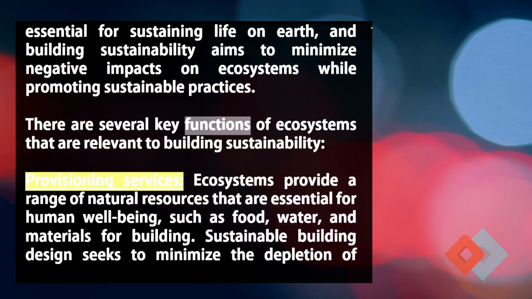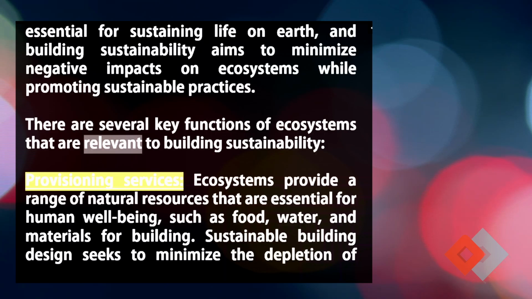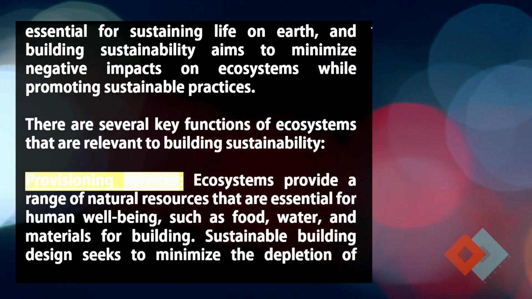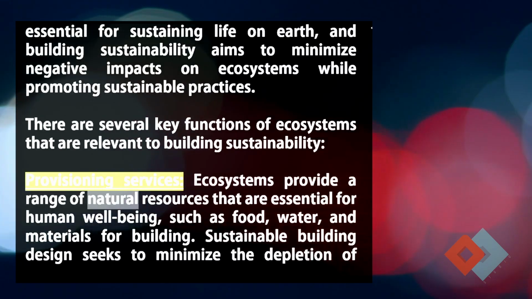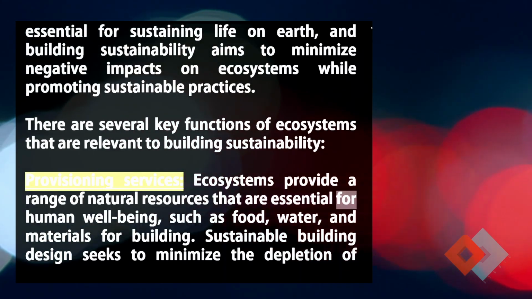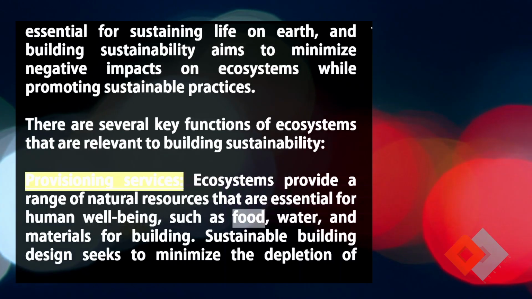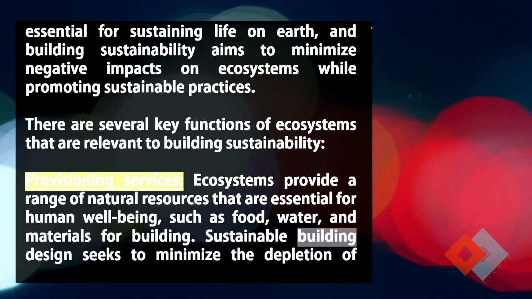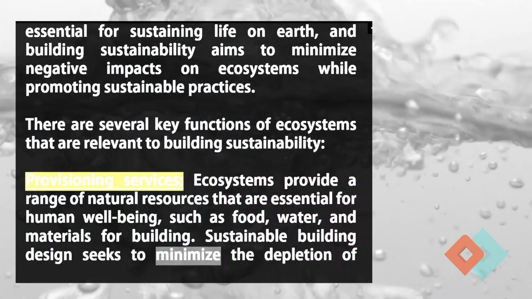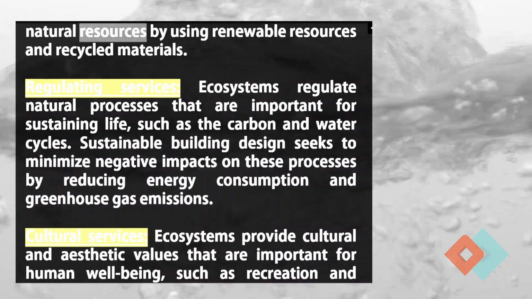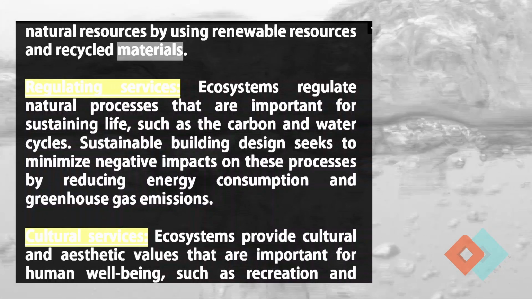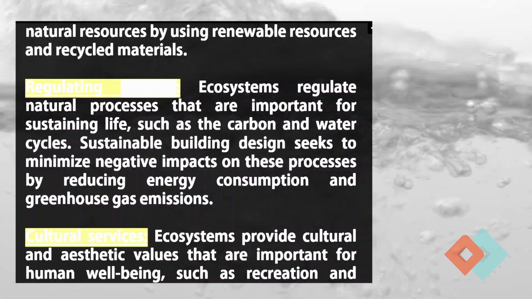There are several key functions of ecosystems that are relevant to building sustainability. Provisioning services. Ecosystems provide a range of natural resources that are essential for human well-being, such as food, water, and materials for building. Sustainable building design seeks to minimize the depletion of natural resources by using renewable resources and recycled materials. Regulating services.